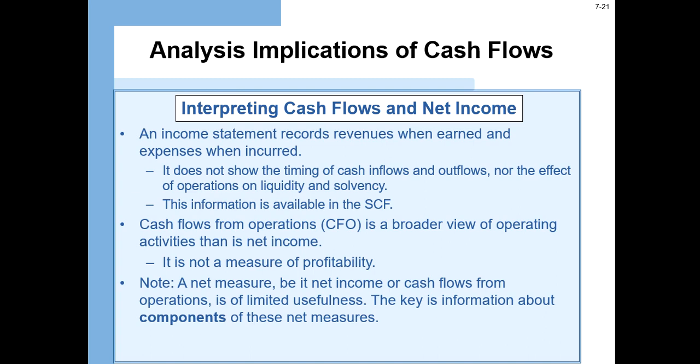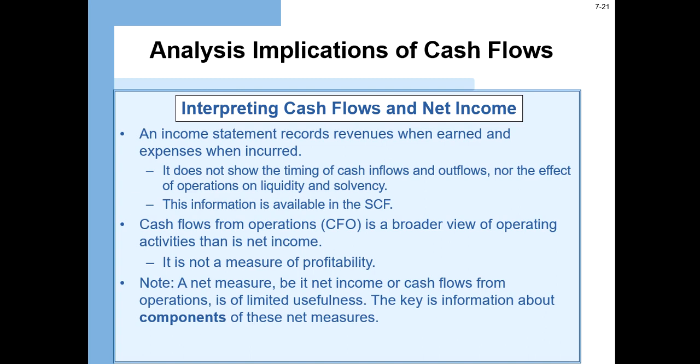But it's important to know that a net measure, be it net income or cash flows from operations, is of limited usefulness. So both have limitations. The key is information about components of these net measures.